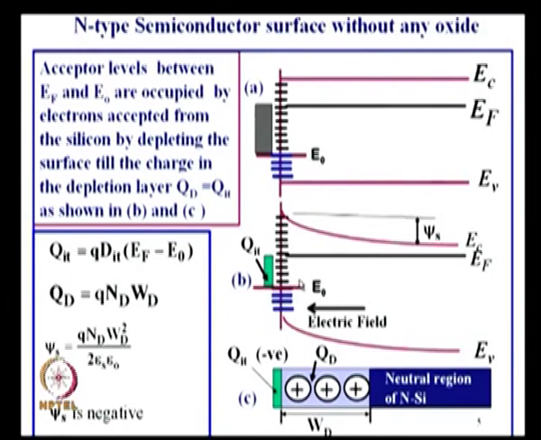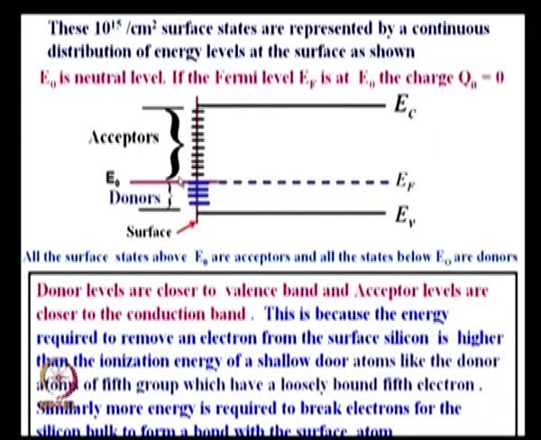What happens to the neutral level? See, if you go back to this, the neutral level is fixed for a given material. If you take silicon, the neutral level is 1/3 of the band gap here. If this is the band gap energy E_g, this is E_g by 3. It depends upon the particular material. If you take silicon, it is about E_g by 3, that is E_0 minus E_v.